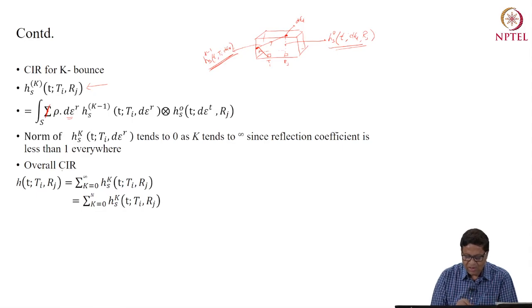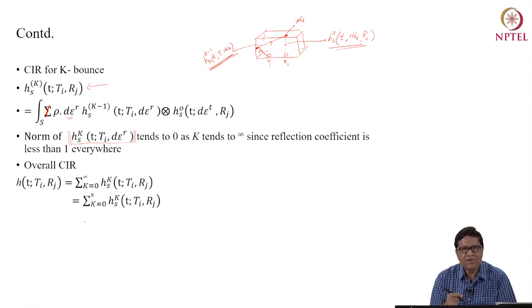So if you take the norm of this, for a high value when k tends to infinity, because every time the ray strikes the wall, because the reflection coefficient is less than 1, it gets attenuated.